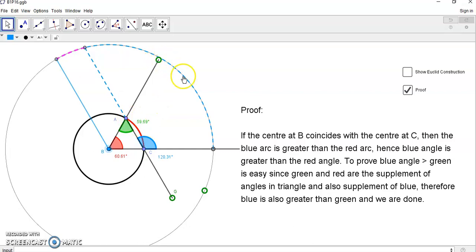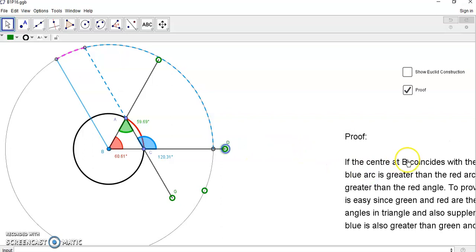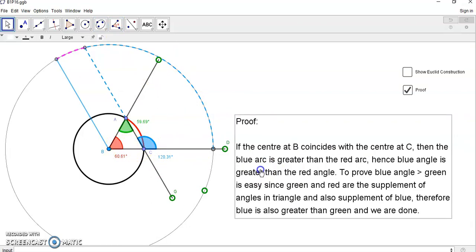So this part of the blue arc and this red arc are in proportion. But because the angle we're looking at, ACD, let's just bring this closer, the angle we're looking at is greater, it has the greater arc, so therefore the blue angle is greater than the red angle, okay?